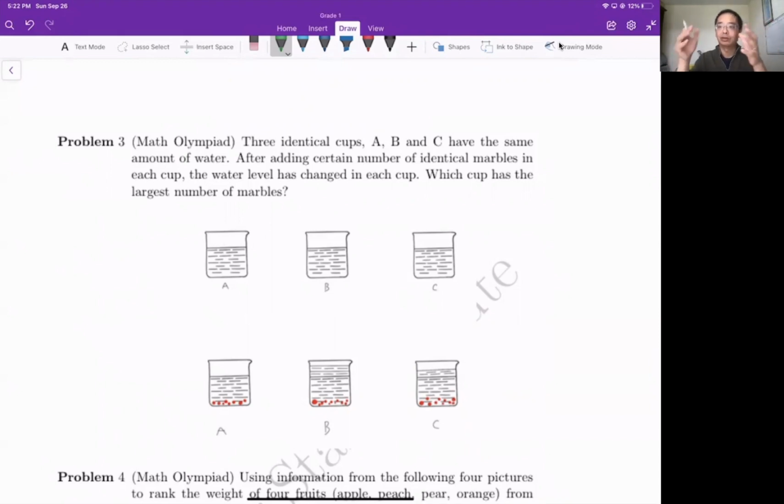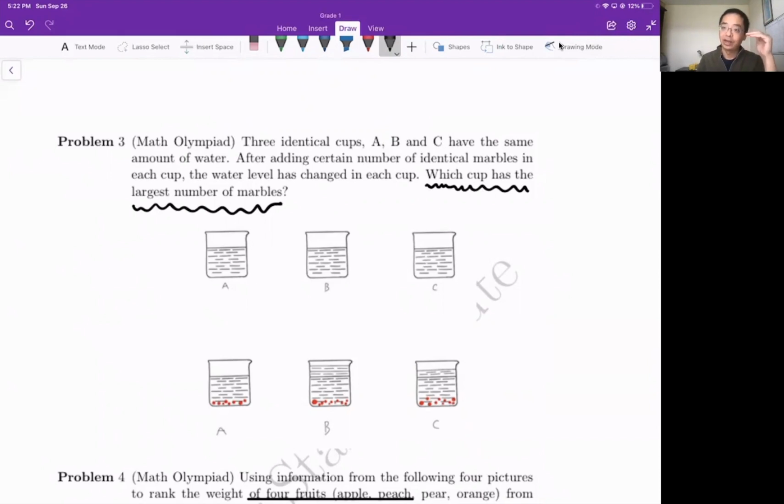We know that given water, if you add a stone, the water level will go up. Obviously, the more stones you add into the cup, the more the water level will go up. The question asks which cup has the largest number of marbles? Because the more marbles in the cup, the more the water level will be raised.